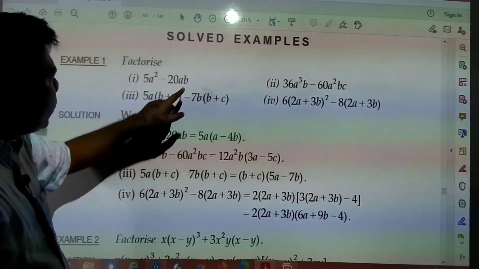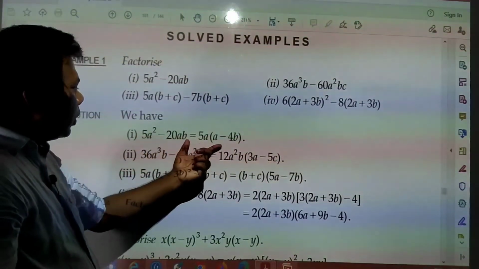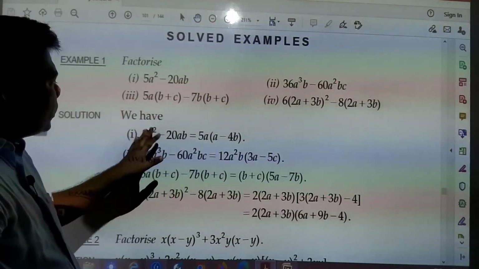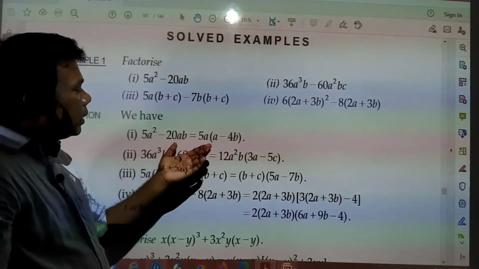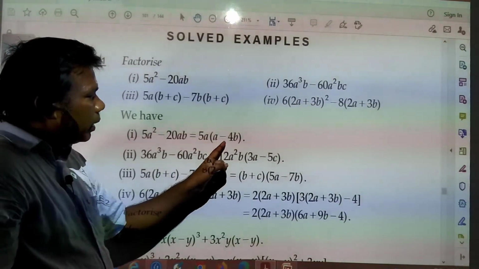5a square minus 20ab. So here you see how it has been taken out, how it has been done. So 5a square minus 20ab has been expressed in the form of a product of two polynomials, 5a into a minus 4b.